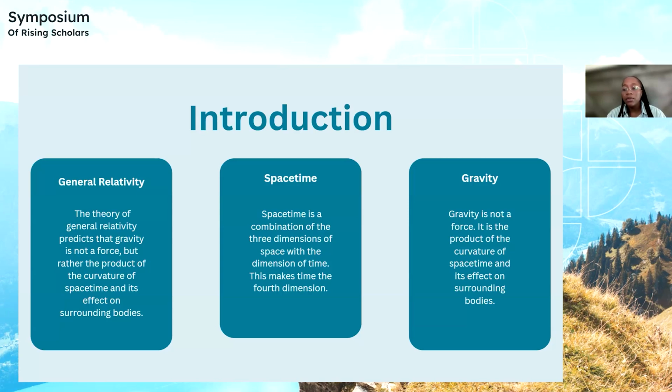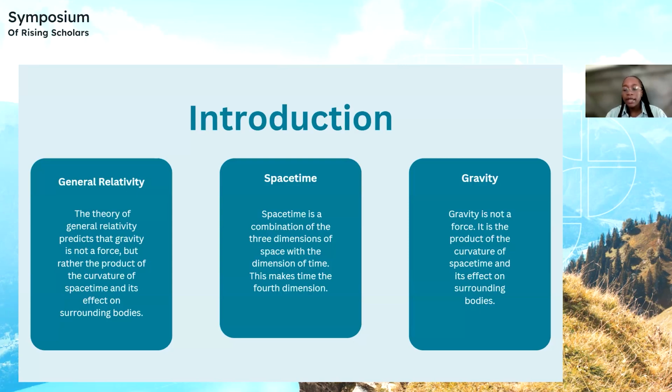It is commonly known that gravity is caused by the attraction between masses, where, for example, we sit and stand on the earth because the earth's large mass draws us into it.